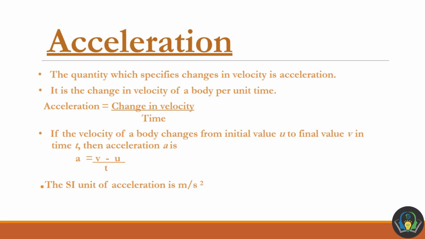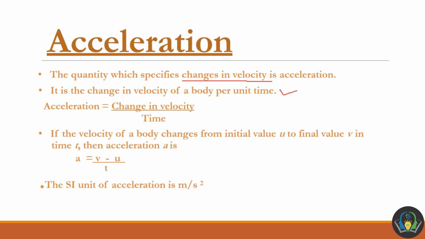So that's how we will be defining it. The quantity which specifies the change in velocity is acceleration. It is the change in velocity of a body per unit time. This is its definition. So acceleration will be written as the change in velocity in the unit time.